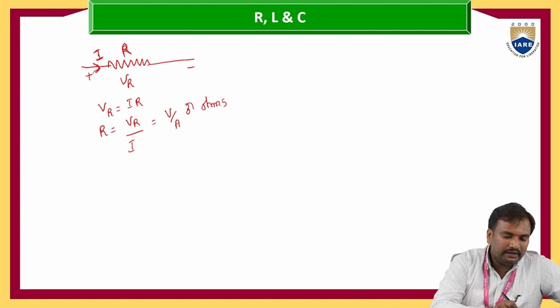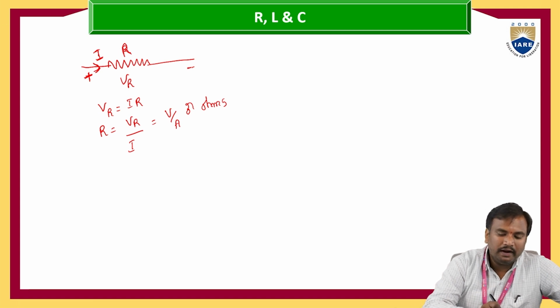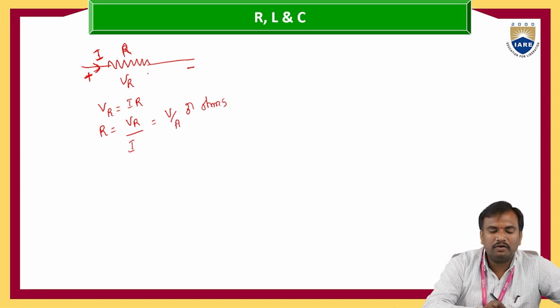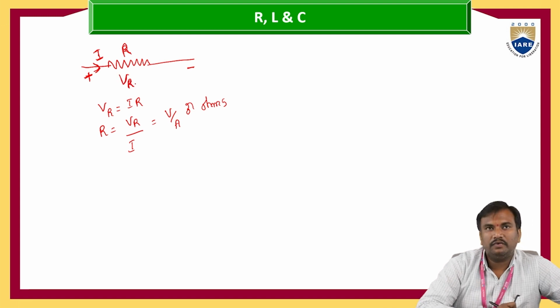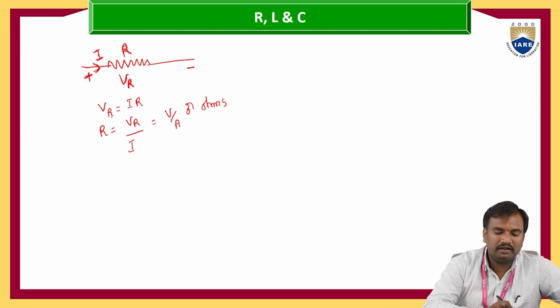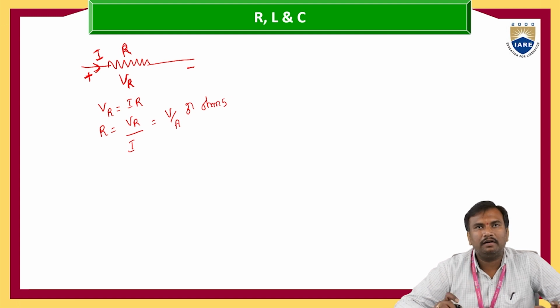The point where the current enters the resistor is taken as positive and the leaving point is taken as negative for the voltage across that particular resistance, where VR is equal to I into R according to Ohm's law, where R is equal to VR by I. So the units are volts per ampere, or ohms.